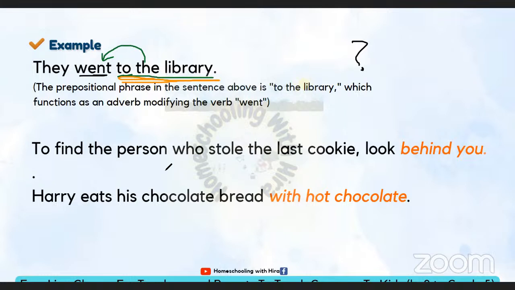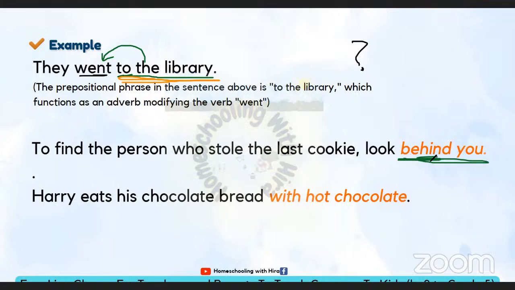To find the person who stole the last cookie, look behind you. All right. So first find out the preposition. Behind is the preposition, right? And you is its pronoun. I told you that preposition के साथ एक noun या pronoun होगा, ठीक है? तो ये पूरी चीज prepositional phrase होगा.